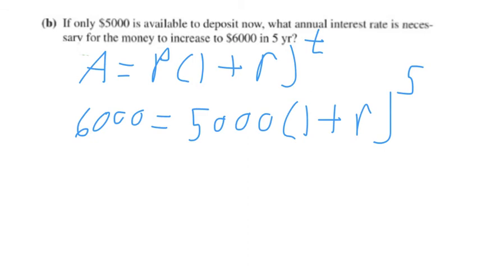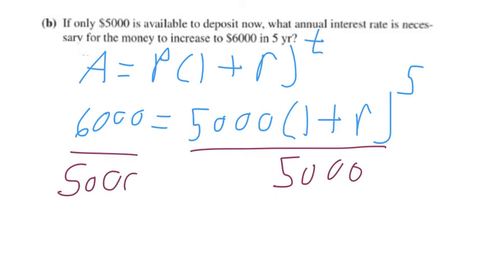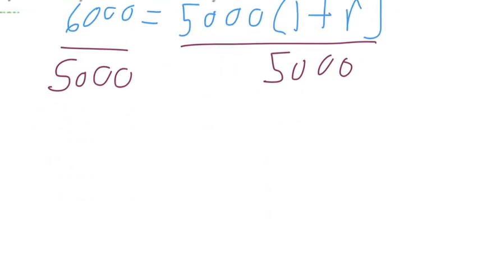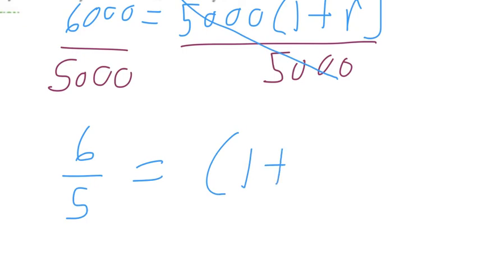So now, if we divide both sides by 5,000, $6,000 over 5,000 is just 6/5. The 5,000s would cancel out, so you'd have 1 plus the interest rate raised to the power of 5. Now to get to the R, the interest rate, we need to get rid of this 5 as the exponent.